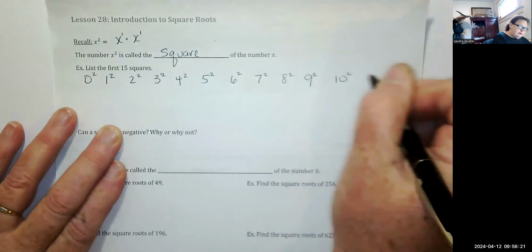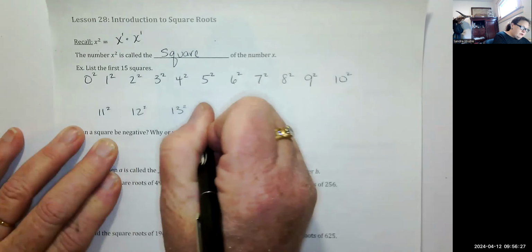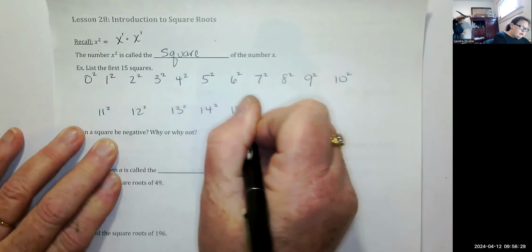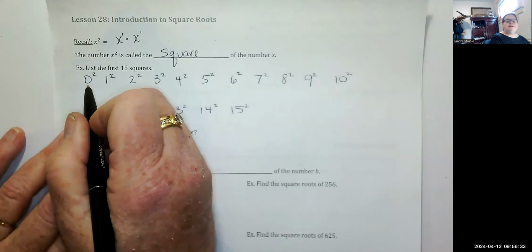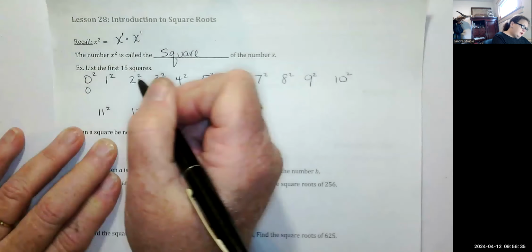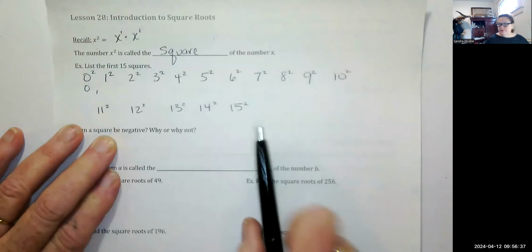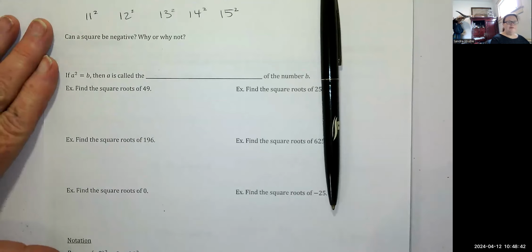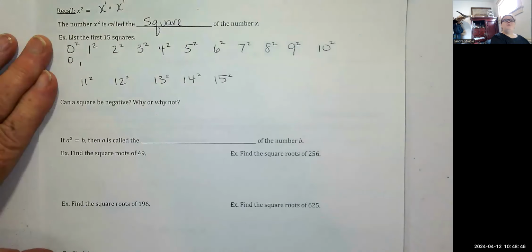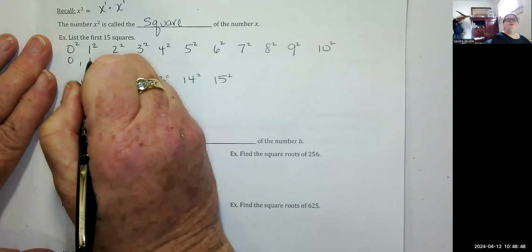I'll come down here and go 11, 12, 13, 14, and then we'll just go to 15. Okay. 0 squared is 0 times 0, which is 0. 1 squared. Oh, so sorry. Okay, sorry about that. I've muted my phone. I haven't finished this. 1 squared is 1 times 1, which is 1.